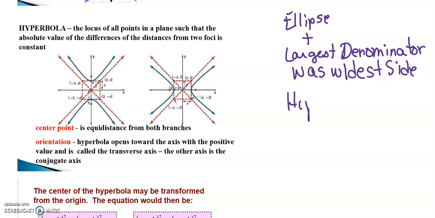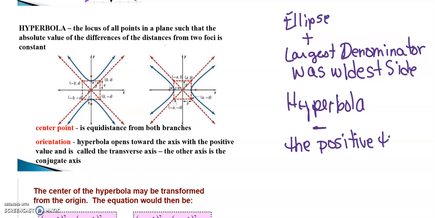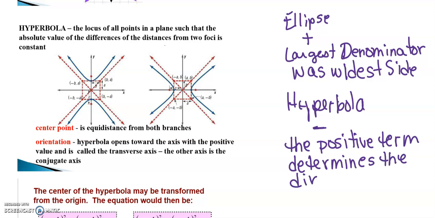For a hyperbola, there is a minus between them, and the positive term, or fraction, whichever you want to call it, determines the direction the graph opens.